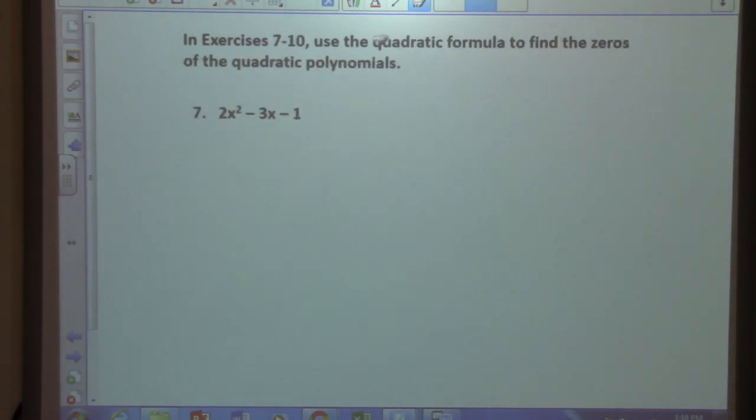So anyway, the quadratic formula is x is equal to negative b plus or minus the square root of b squared minus 4ac over 2a.